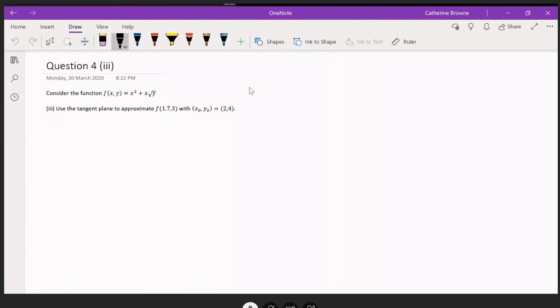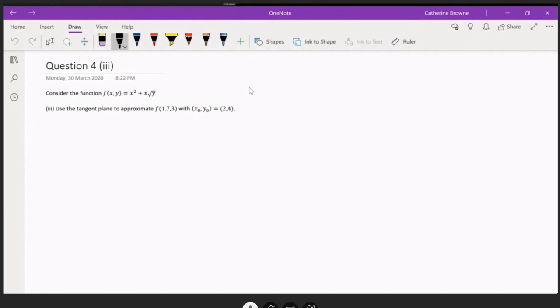I haven't used an approximation because the tangent plane is the approximation, but the tangent plane at the point (1.7, 3) is actually equal to 5.1, but it's not on the function f.